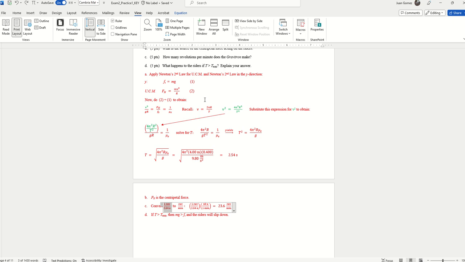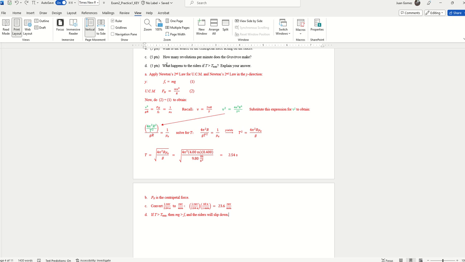Remember, the large T is the time for one revolution. So it's doing one revolution for every 2.54 seconds. Convert that to revs per minute. Nothing complicated. There's the conversion right there. It's making 23.6 revolutions per minute, fairly fast.